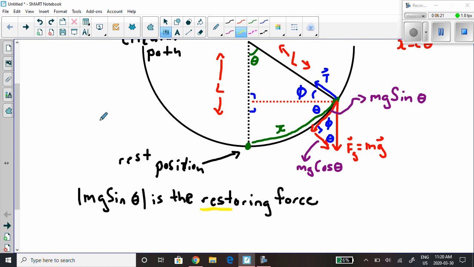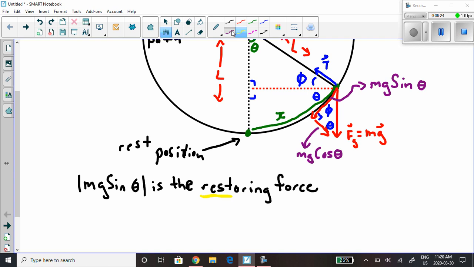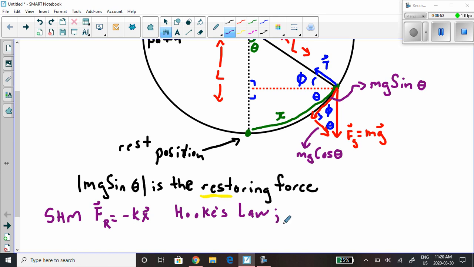Okay, we've seen restoring forces before when we have studied simple harmonic motion. It's the very definition of simple harmonic motion that the restoring force is equal to negative kx. We learn this from our Professor Hooke, that this is called Hooke's law. But Hooke's law only works when the restoring force is linear.